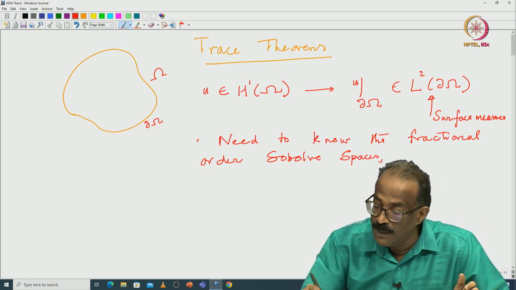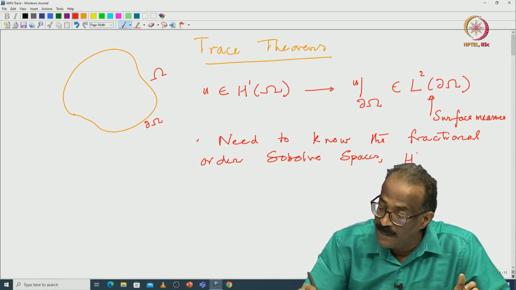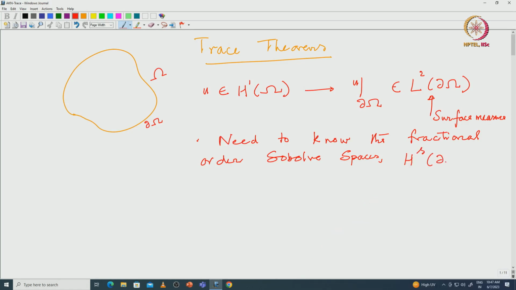For example, you need to know how to define Hs of d omega. In particular, in our case at least we need to know what is H half of d omega. This is rather difficult and we will not give a general definition, you can read that elsewhere, but for certain domains like an upper half domain, so we work with the upper half domain.